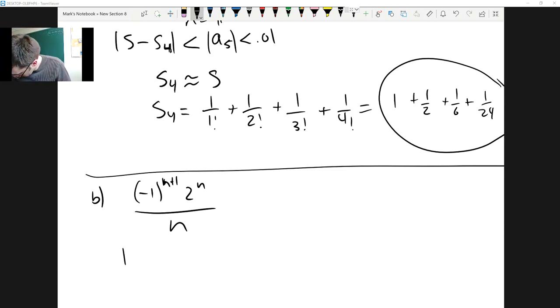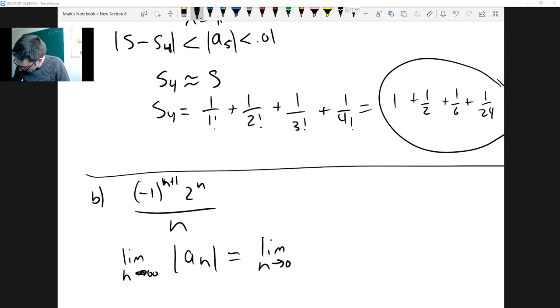So let's look at the limit as n goes to infinity of the absolute value of a_n. If you take an absolute value of those terms, the negative 1 term is just going to become a positive 1, and we'll have 2 to the n over n, which looks like infinity over infinity.